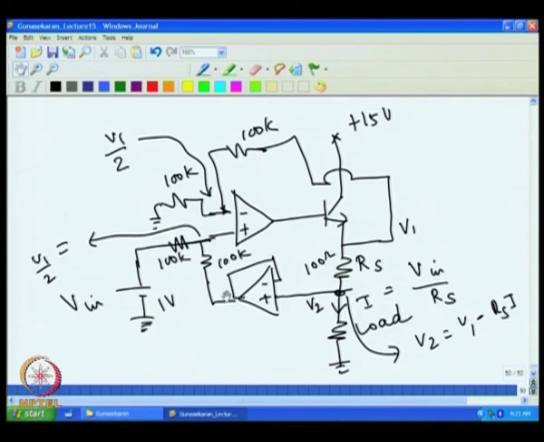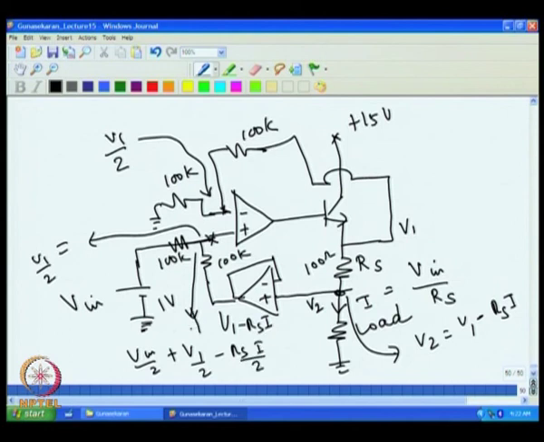This is a voltage follower, so this also equals V1 minus RS into I. So, the voltage at this point is V1 minus RS into I, and the voltage at this point is V in. The voltage that we get at this point will be half of this plus half of this. We can write it as V in by 2 plus V1 by 2 minus RS I by 2.